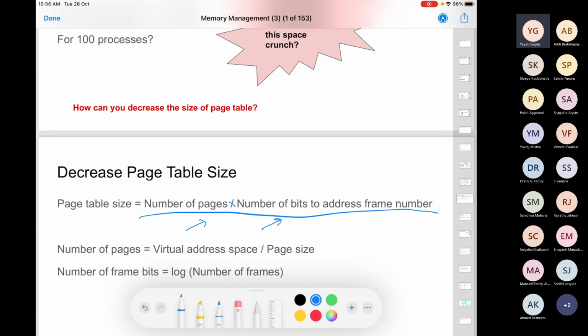So you'll either have to decrease the number of pages or you decrease the number of bits to address the frame number, the number of frame bits. How do you do that? So number of pages was your virtual address space size divided by the size of each page. If you look at the number of frame bits, it was log of number of frames, right? So what can we do if we want to decrease these numbers?